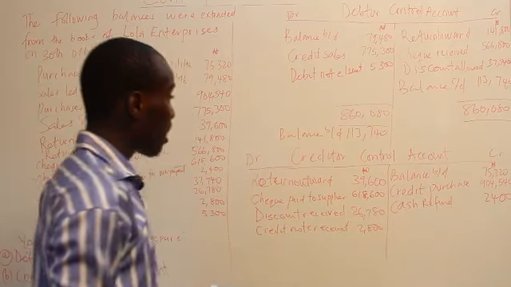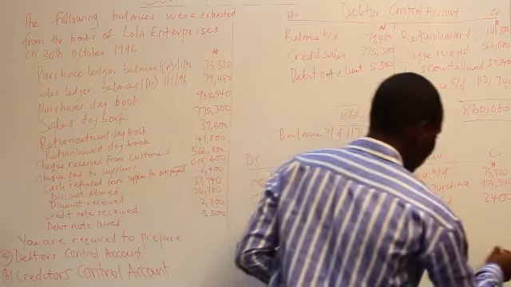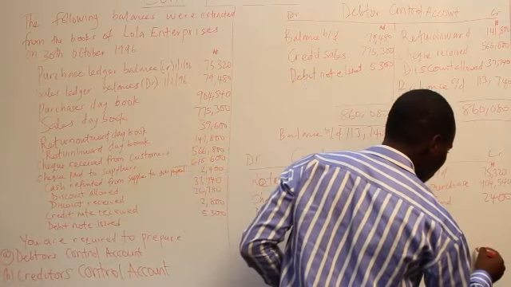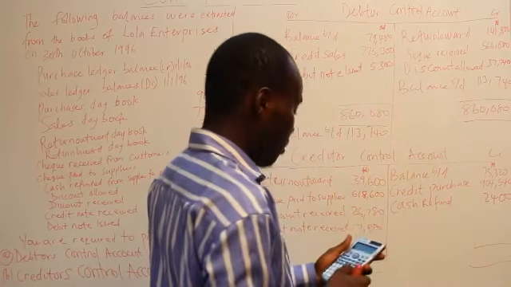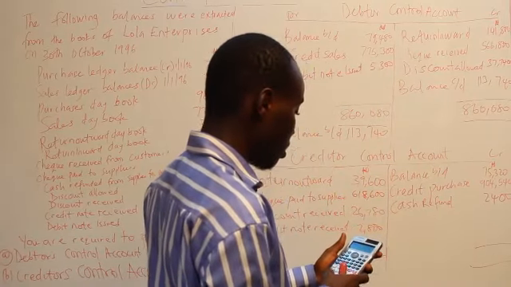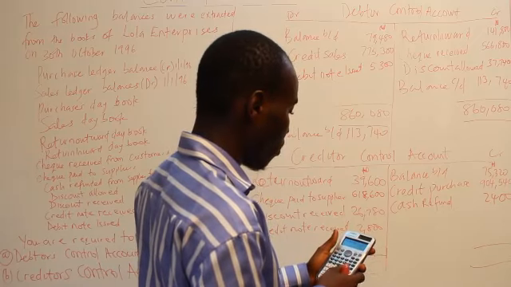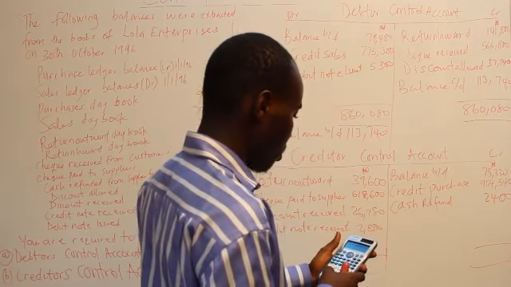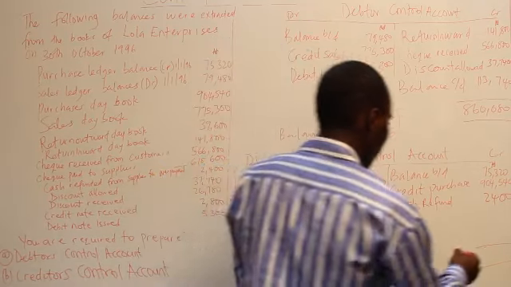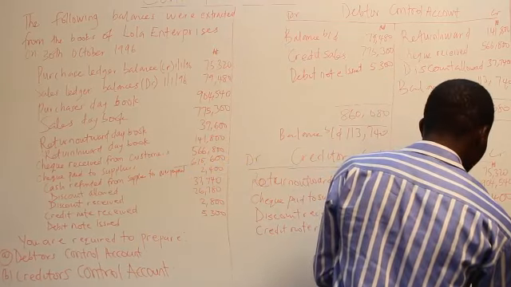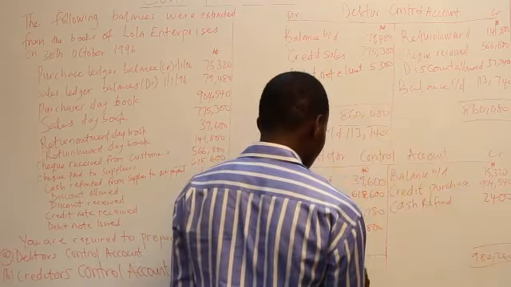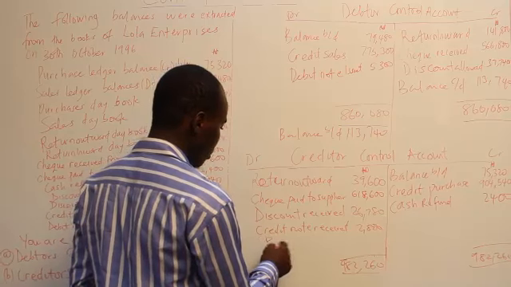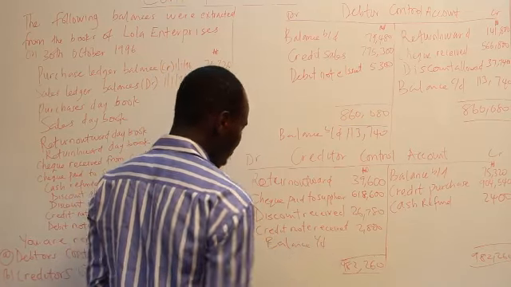And also we can balance the creditor control account by adding the credit side first, because that will be the greater balance. That's 75,320 plus 904,540 plus 2,400. Then we have 982,260. Then we can just deduct the debit side to have our balance carried down.